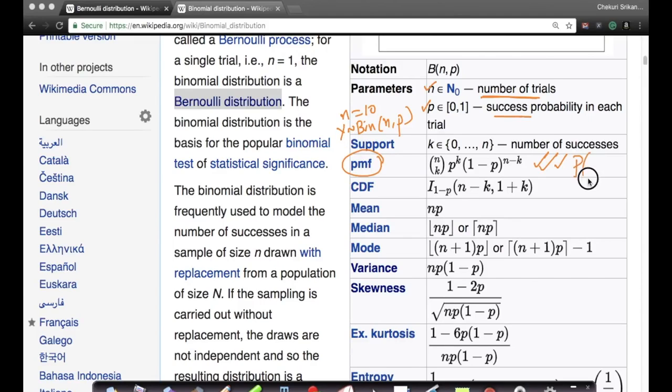What is the probability that y equals k, where k lies between 0 and n? It is basically getting heads k times, which is p to the power k, getting tails n minus k times, which is 1 minus p to the power n minus k, and that can happen in nCk ways.